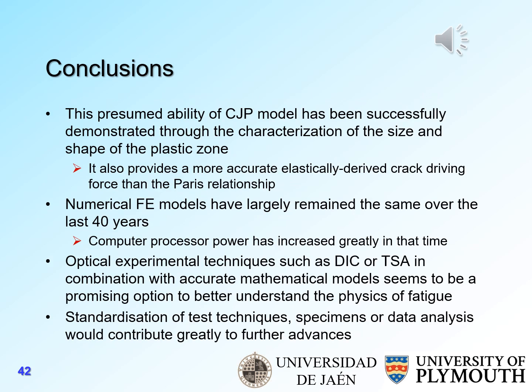The presumed ability of the CJP model to more successfully characterize crack tip stress fields and hence crack tip shielding has been demonstrated through experimental techniques like the characterization of the size and shape of the plastic zone. So it seems to provide a more accurate, elastically derived crack driving force than the Paris relationship.